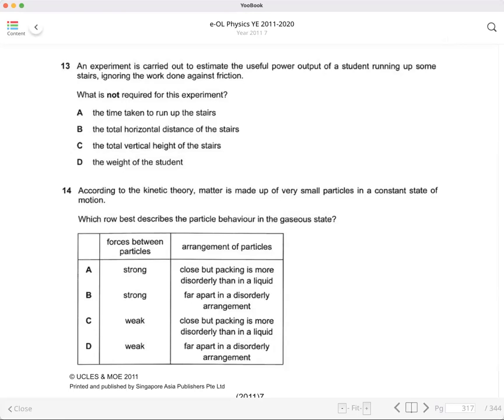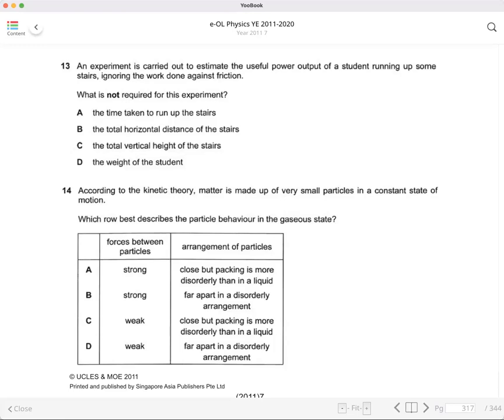Pei Kwan and Xiao Xing, what's your answer? Okay, Pei Kwan, well done.